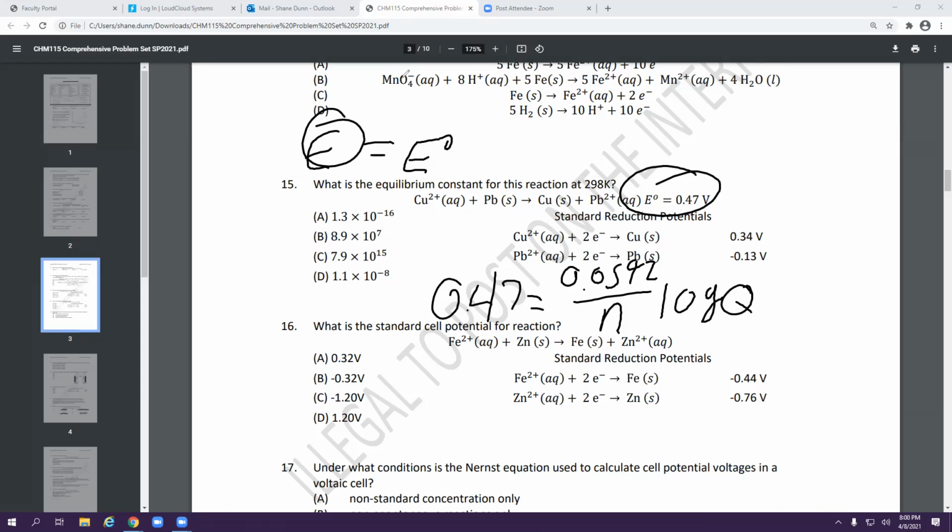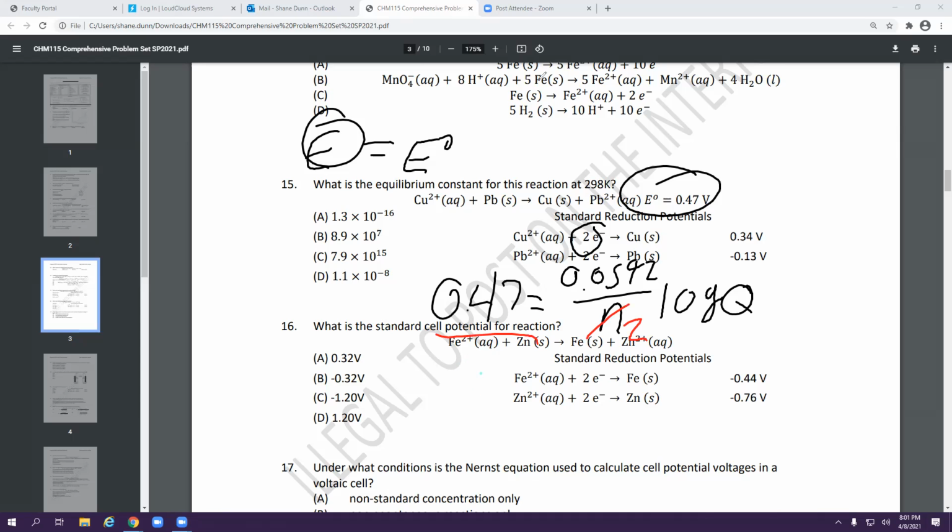Okay. So how many electrons are being transferred? So what does N become? So 0.0592 divided by 2, right? That becomes a whole number. And then you're just going to divide that, put that number here.